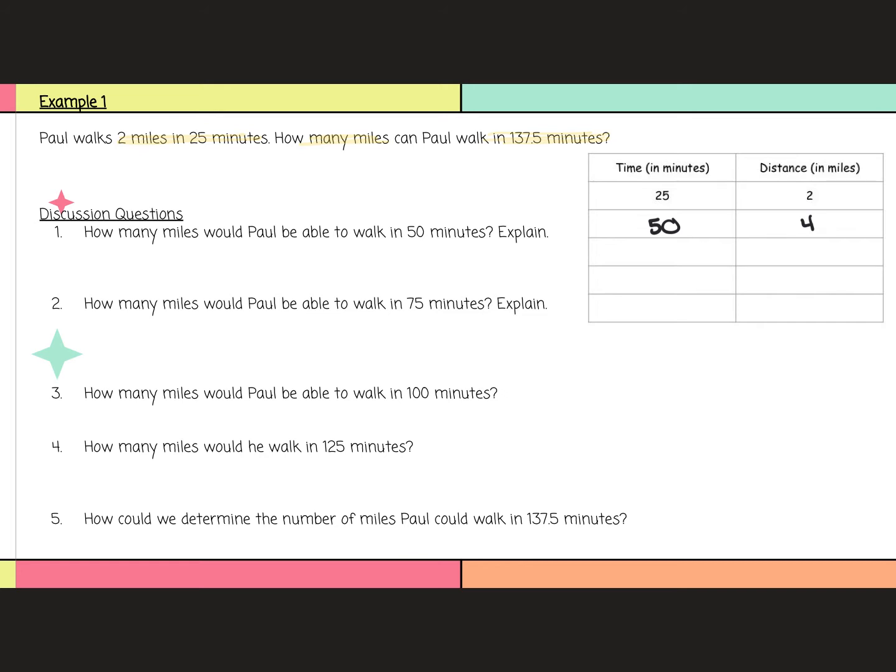So 50 minutes is double or twice the time given, so the distance is double or twice the distance.